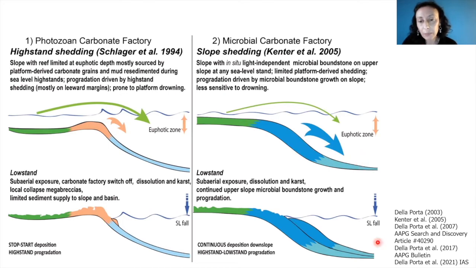But also these platforms have a different behavior with respect to changes in accommodation space. Most likely they are less prone to drowning because carbonate production can extend to a deeper window.